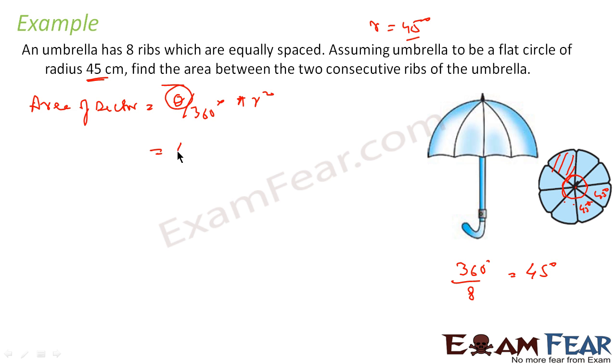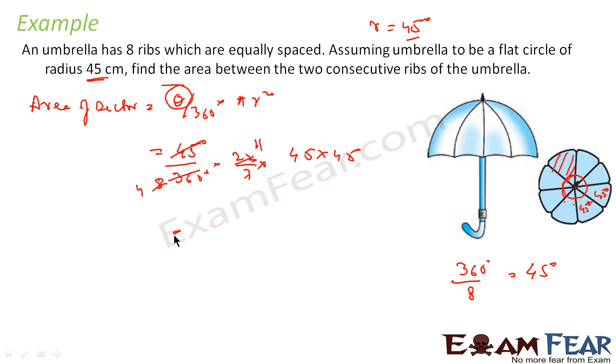Let's put the formula. Theta is equal to 45 by 360 degree into pi. Pi, I can put anything, and put 22 by 7 into r is 45 centimeter into 45. Correct? So this gets cancelled. This is by 8 and this is 4. This is 11.